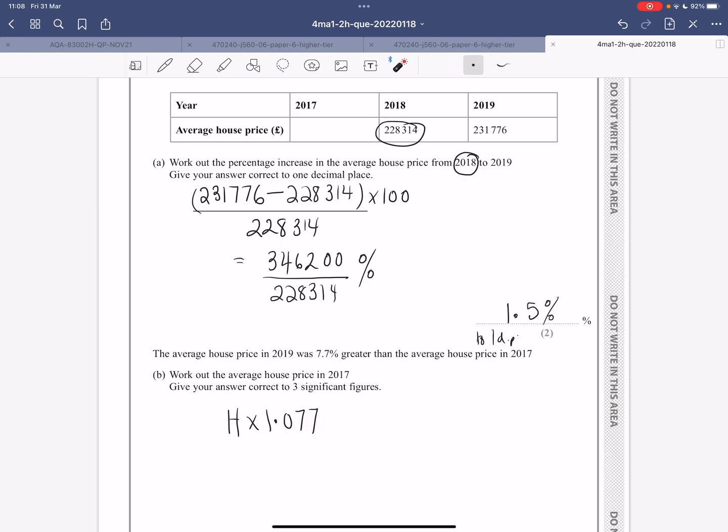Okay, so you've got tens and units, because it's 7 in the units, you've got to put a 0 there, and then that's that decimal there. And that is going to be 231,776. So the house price in 2017 is 231,776 divided by 1.077.